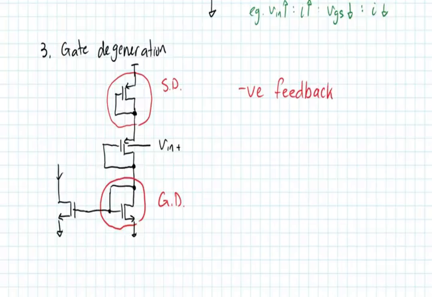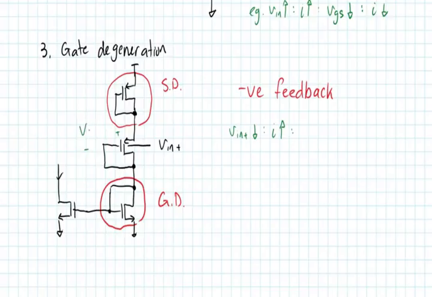So to understand how this is working, let's take a look at our Vin plus signal. Let's say it goes down. So we're going to look at PMOS. So going down means current should ideally go up. Okay, so current should ideally go up. However, let me annotate this node here.